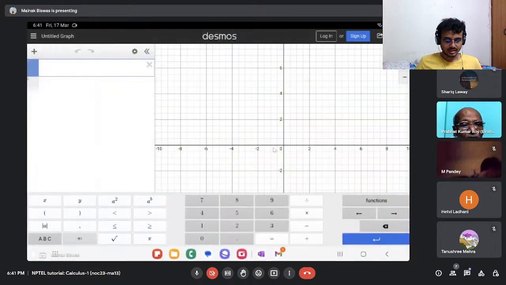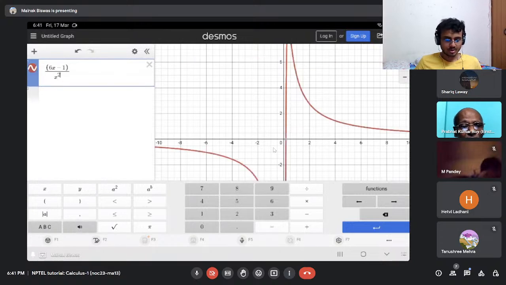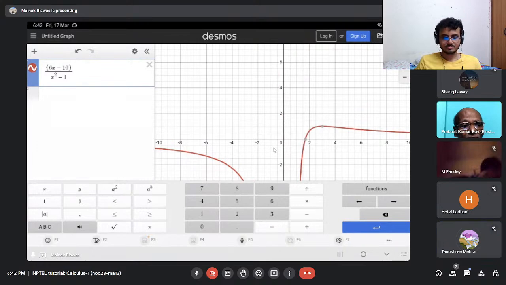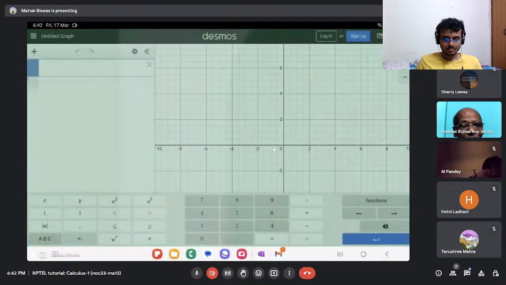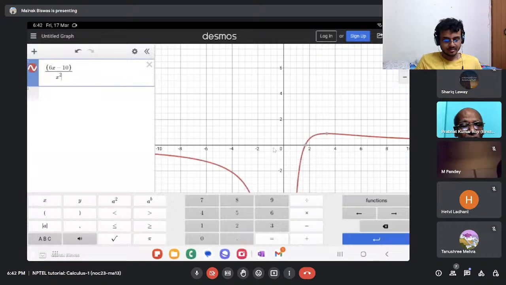So what is the function? 6x minus 10, divided by x squared minus 1. Matching?